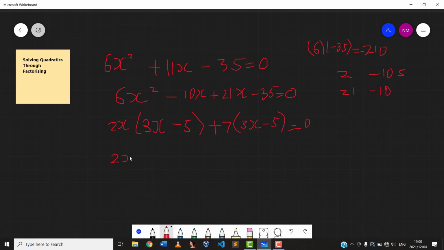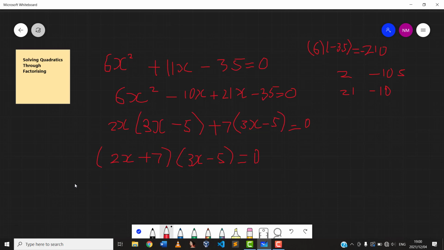So you can put it in this form: 2x plus 7 times 3x minus 5 equals 0. And now from there you can solve for x.